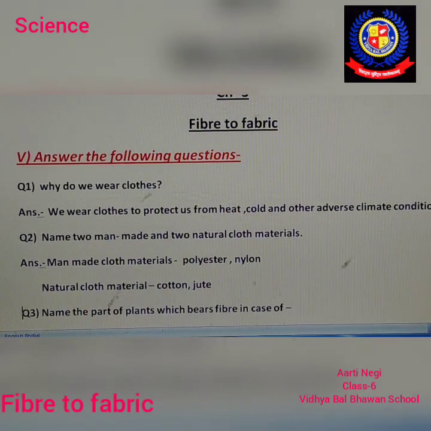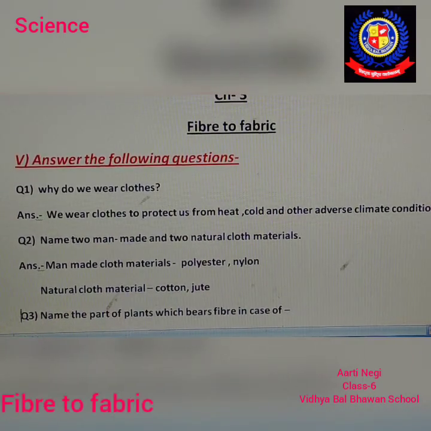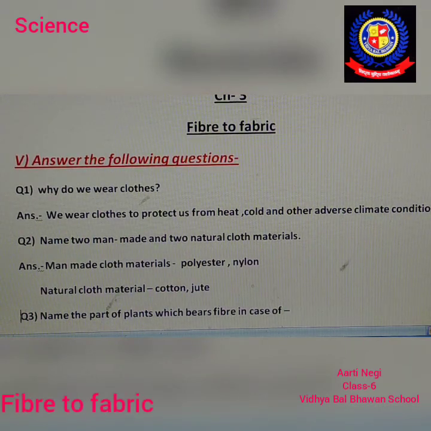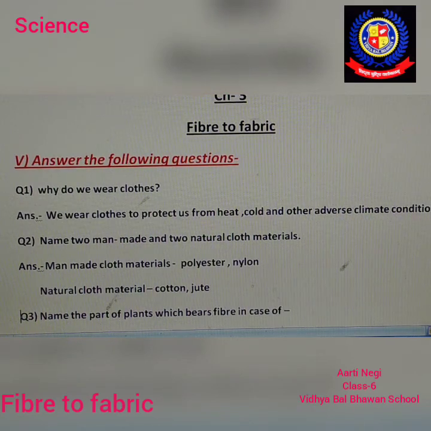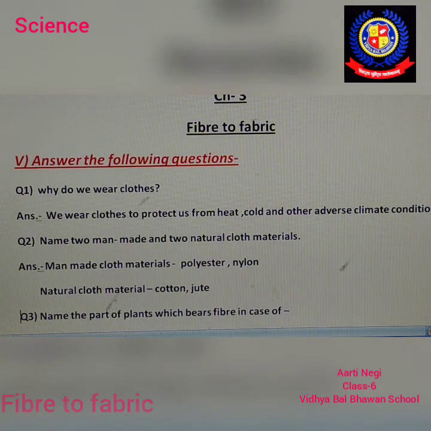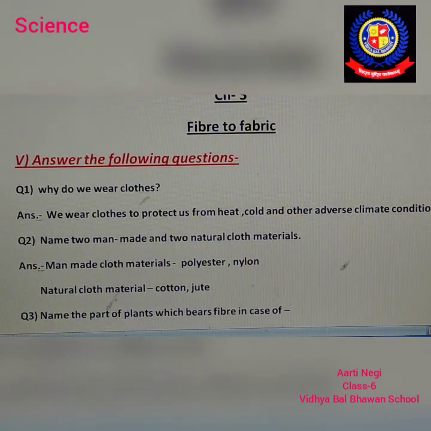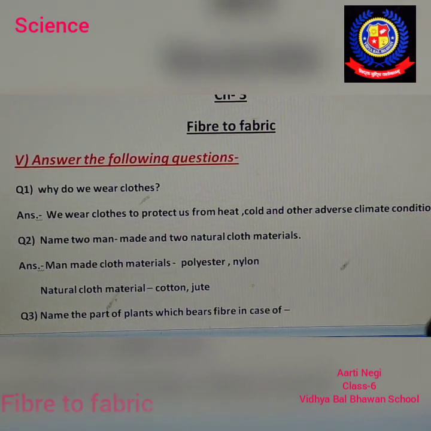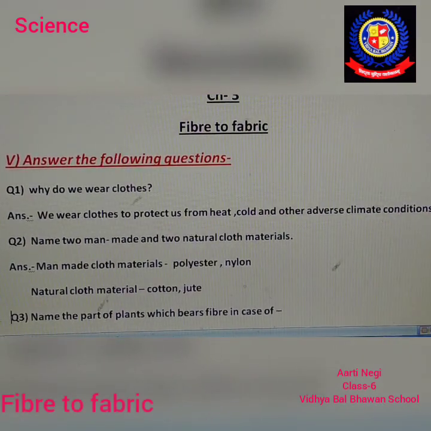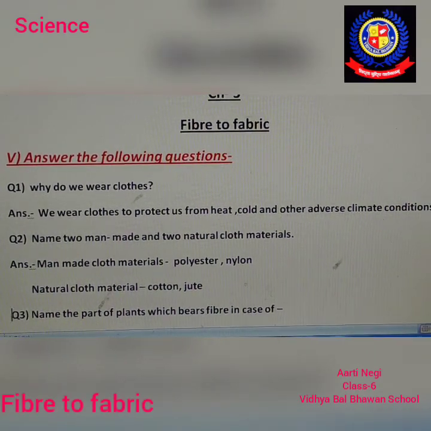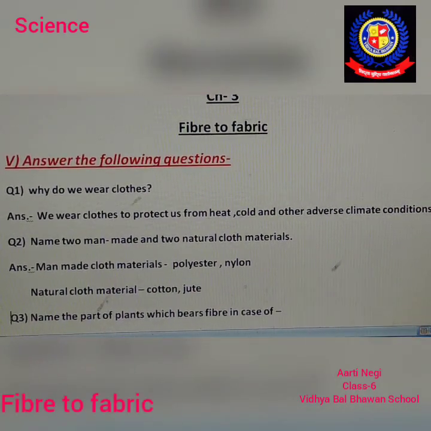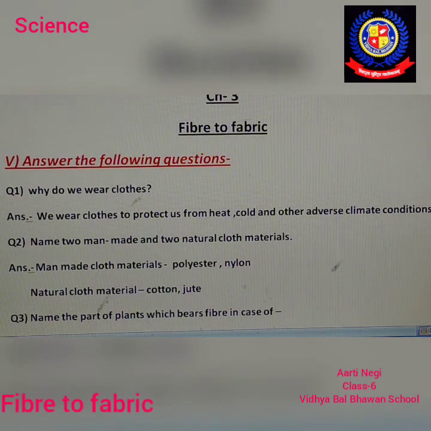So its answer is, we wear clothes to protect us from heat, cold and other adverse climate conditions. As you know, this is a basic reason that we wear clothes. Second question is, name 2 man-made and 2 natural cloth materials.